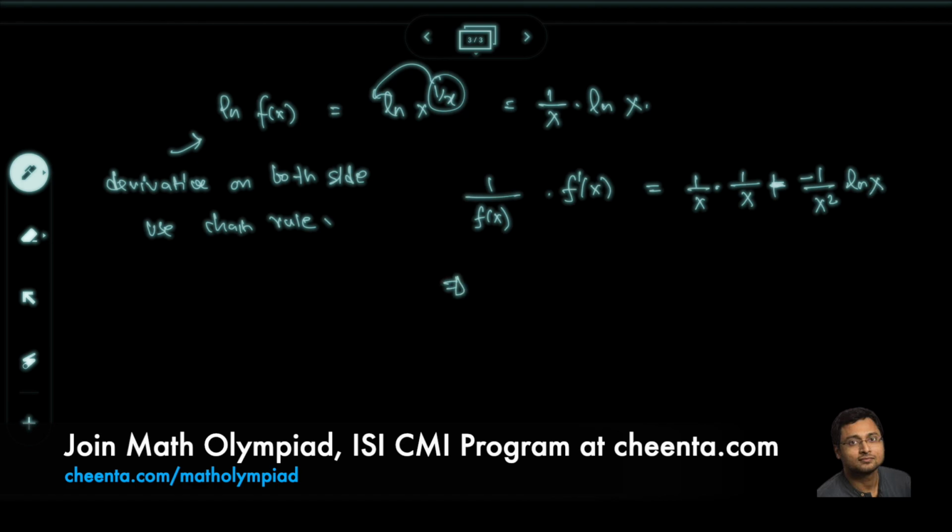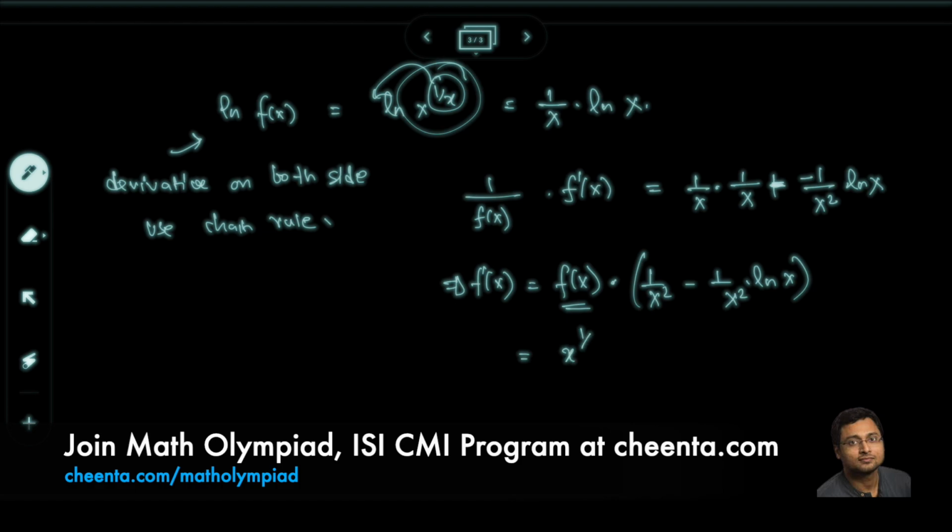So f prime x turns out to be f of x times 1 over x square minus 1 over x square times ln x.